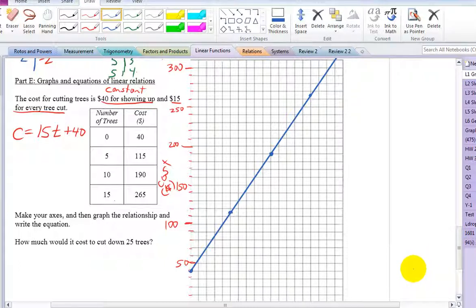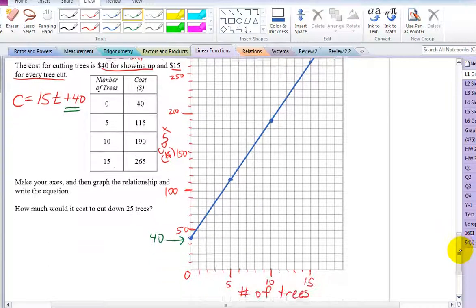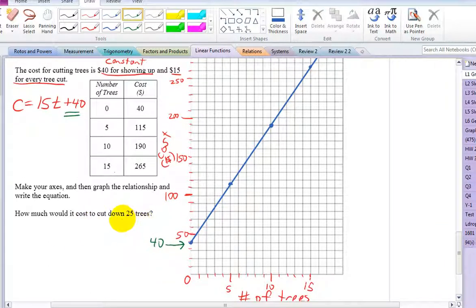So a couple things to point out. You'll notice your equation. What's the constant in your equation? It's 40. And where do you touch your y-axis? At 40. Now 15 has a relationship as well. Tomorrow we're going to look at slope or steepness of the line, and that's what the 15 is represented by. But now we can answer this question that we have an equation. C equals, what's the cost if we cut down 25 trees?